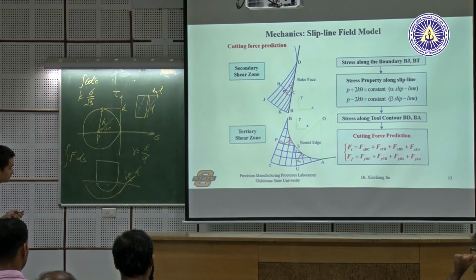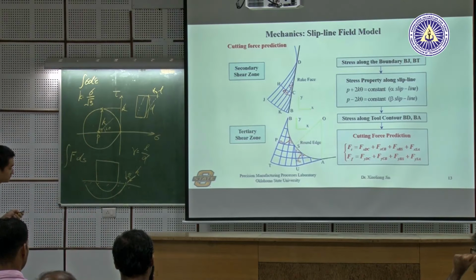And of course, we can always change the edge radius. We can always change the rake face. Basically, the reason is that it changes the boundary condition of this field. All the slip line models have been developed for a constant K, right? Yes, you assume that K is constant. That's the previous model, almost the entire slip line theory. The 45-degree thing, because if there is a K discontinuity, then the equations and velocity graphs will change.